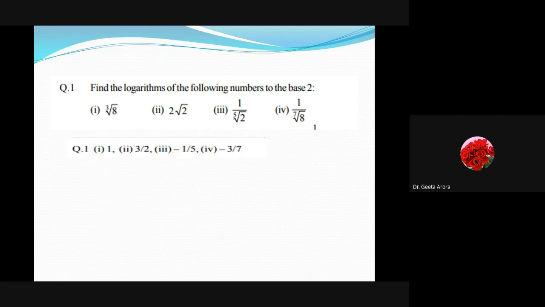Yeah, verify the answer, which is correct, which is not. So Antapreet, Gagandeep, why are you getting a different answer? Here you can see you are getting the answer as minus 3 by 7.